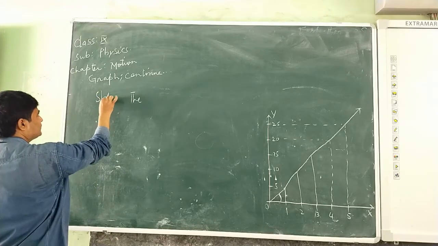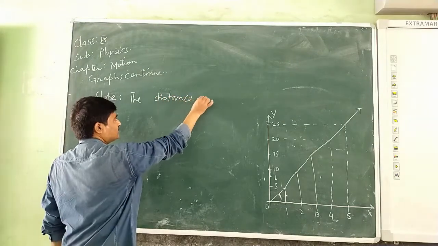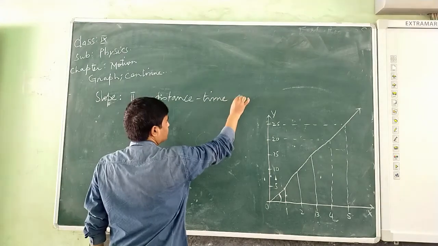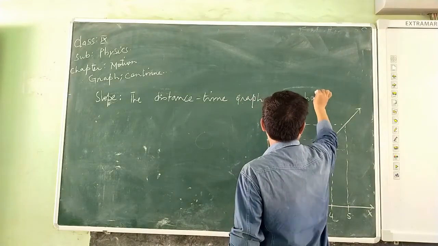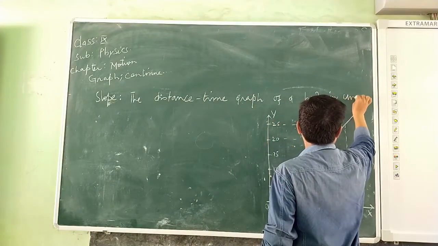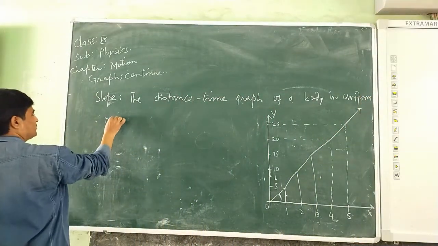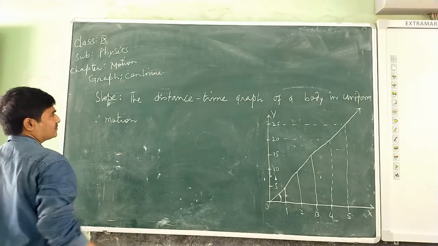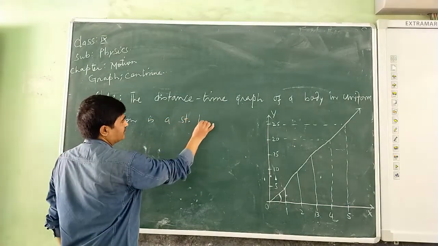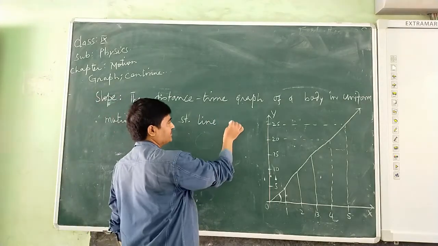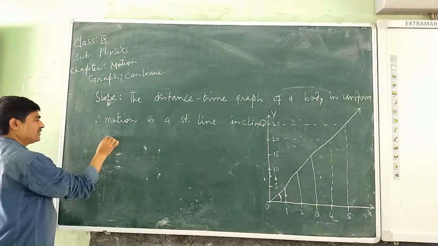Slope: the distance time graph of a body in uniform motion is a straight line inclined at an angle with the x-axis.